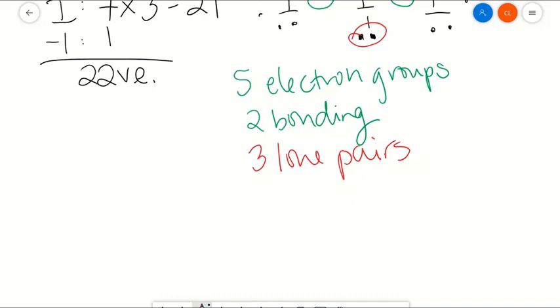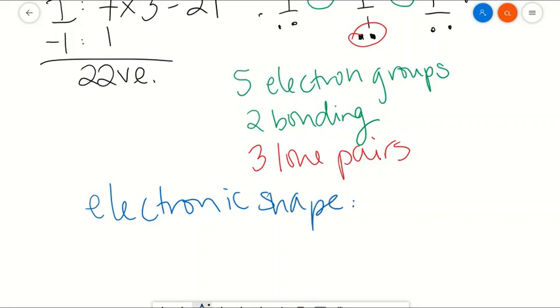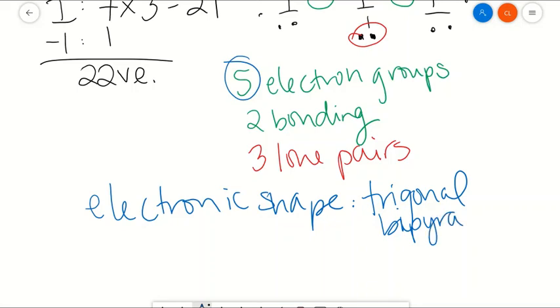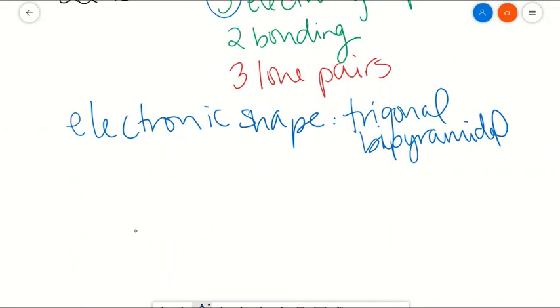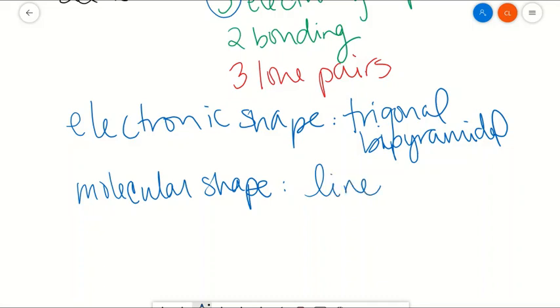Since our steric number is 5, the electronic shape is still trigonal bipyramidal, and our molecular shape is going to be linear.